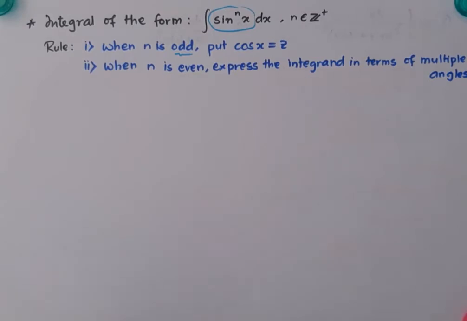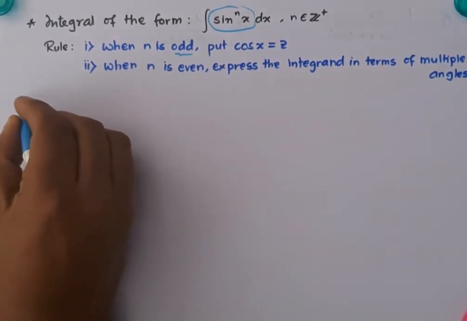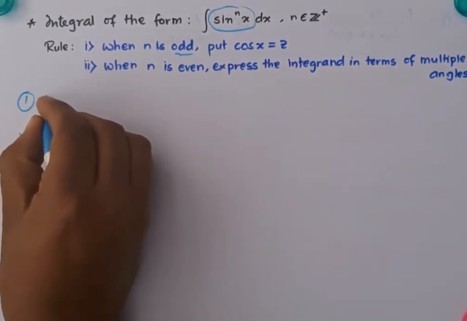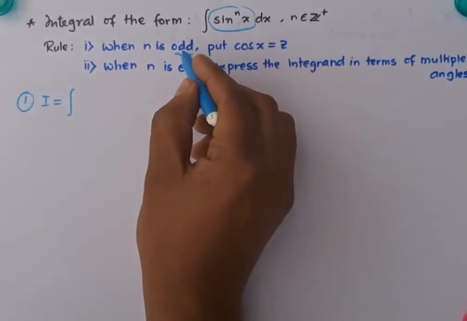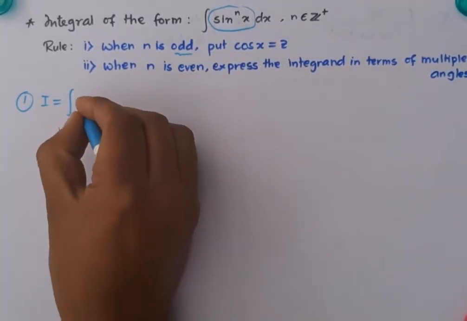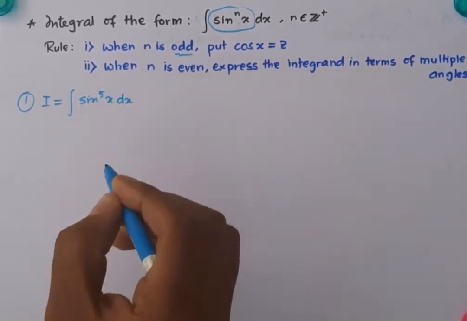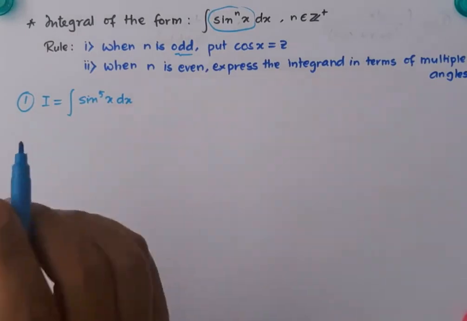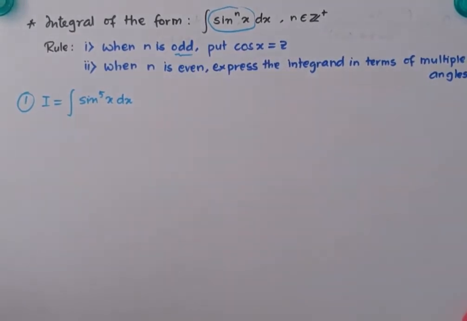So let's begin with the example for today. The first example I'm taking for you is to evaluate this integral. The integral is I equals, so let me put odd here, sine to the power 5x dx. The rule says put cos x equals z, isn't it?